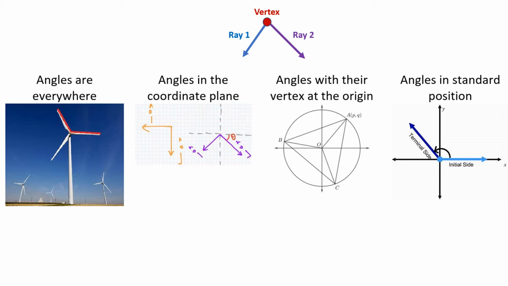You can imagine a tire spinning around on a car going much more than 360 degrees as you travel down along the road. And if you think that you can go in reverse, you can also go backwards, and we can have negative degrees. But in order for us to be able to study these a little bit more carefully, we're going to have to get familiar with standard position so that we can see where the terminal side will end.